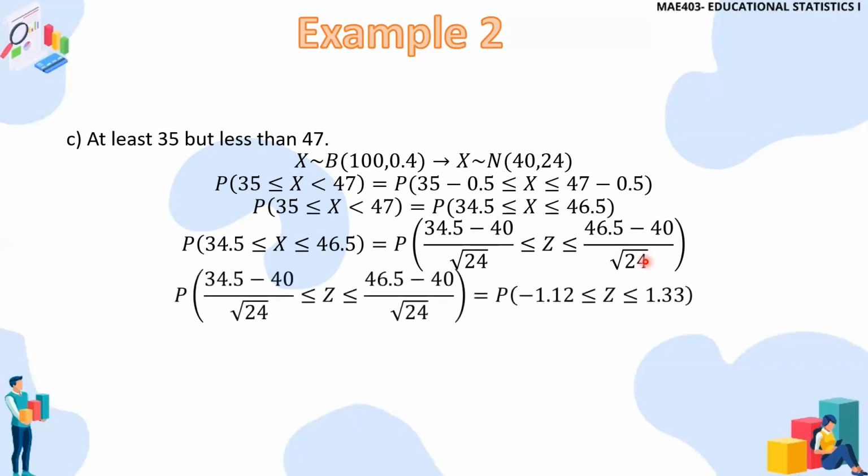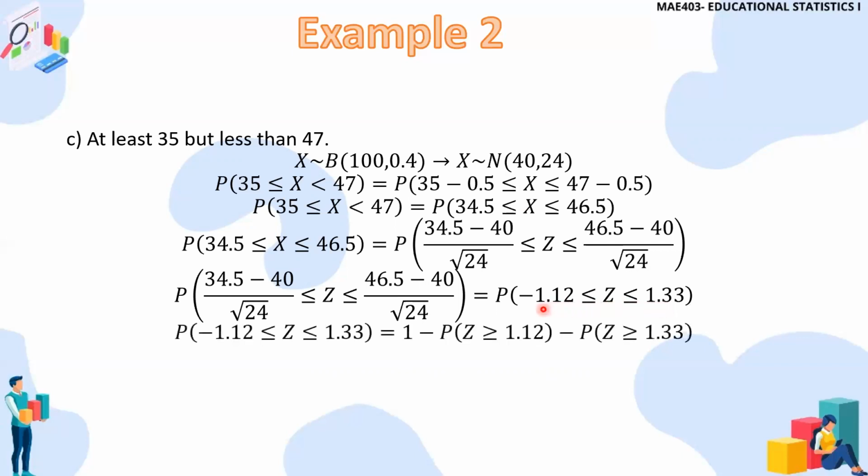So you will have to find the total area Z greater or equal to negative 1.12 and less or equal to 1.33. So as we learned before, in order to find the probability that involves negative and positive sides, the total area 1 minus the total area greater than 1.12 minus the total area greater than 1.33.